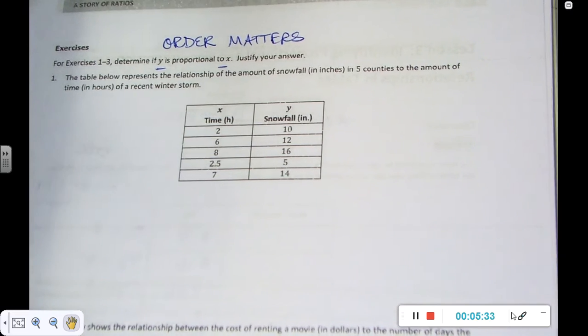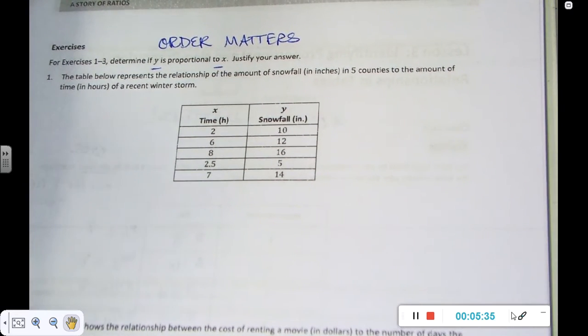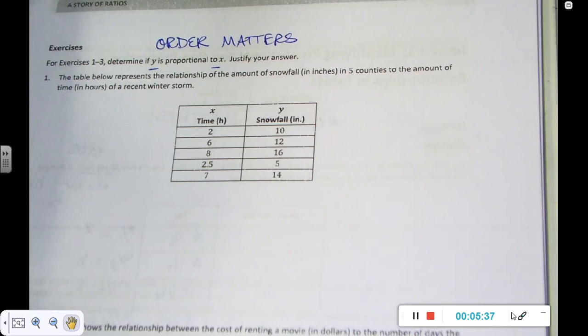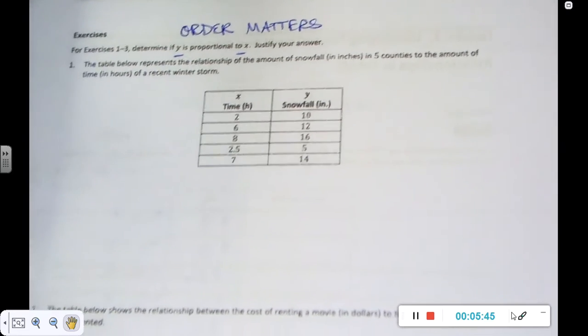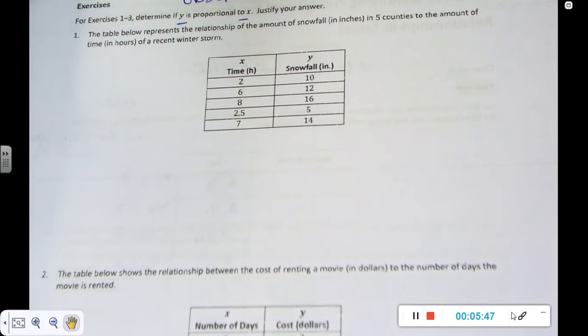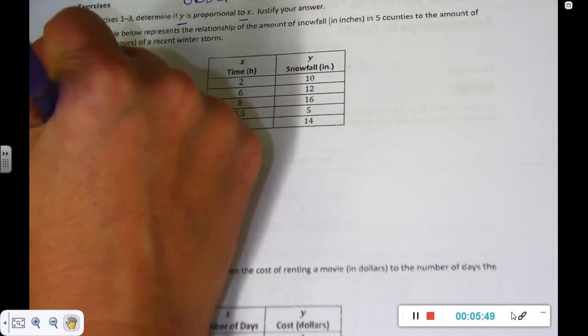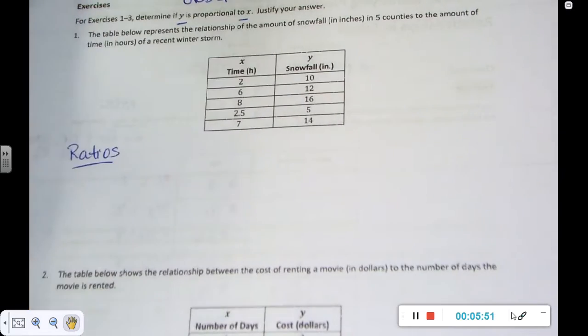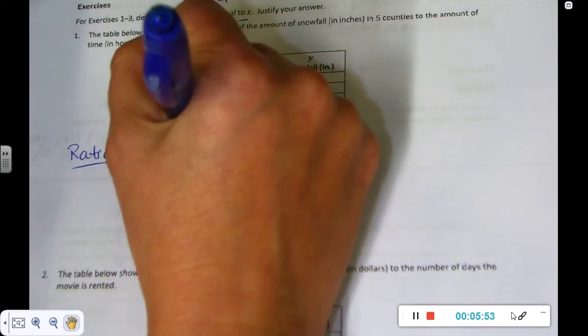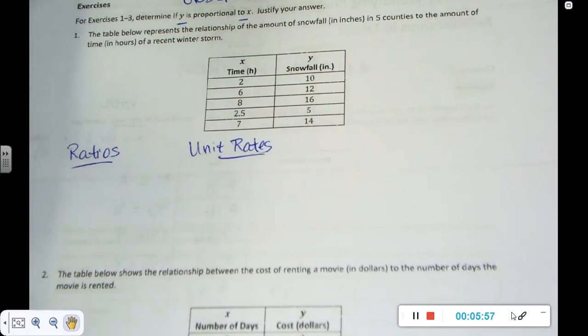Again, for each and every one of these, we are going to go through and write down that fraction, divide through, and see if it has that same unit rate each and every time. I'm going to have some workspace down here. I'm going to label one part of my workspace my ratios, and then I'm going to write my unit rates right next to them so that I can organize myself.